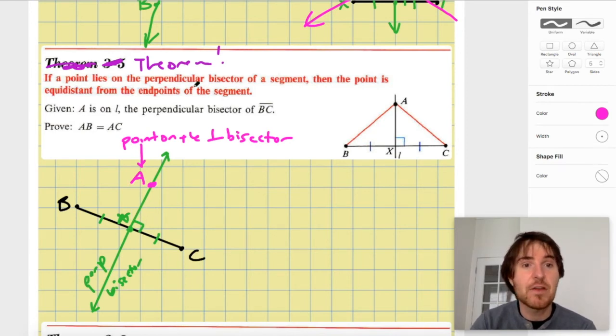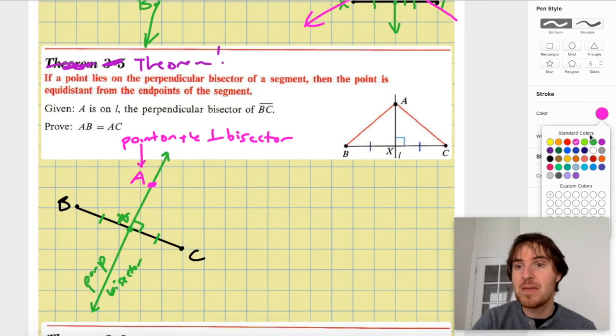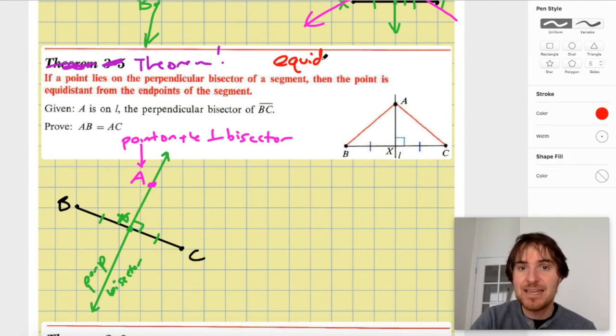Here, what it says is, if a point lies on the perpendicular bisector of a segment, then the point is equidistant from the endpoints of the segment. So maybe we should talk about this word equidistant, okay? Because this is a word that isn't really defined for you in the textbook, but it's maybe the first time you're seeing it. What do you think equidistant means?